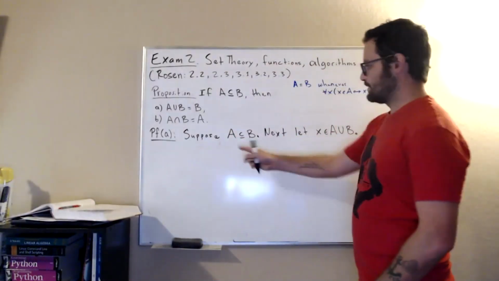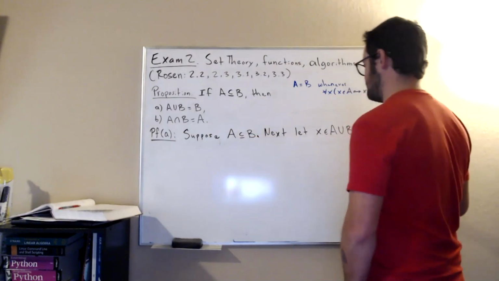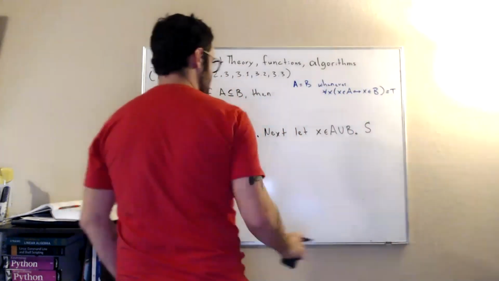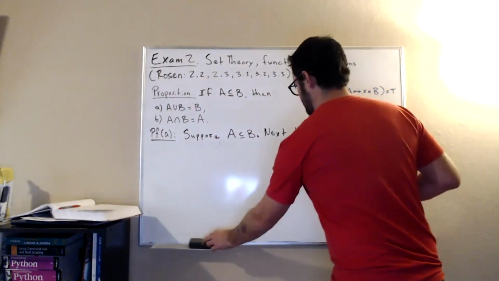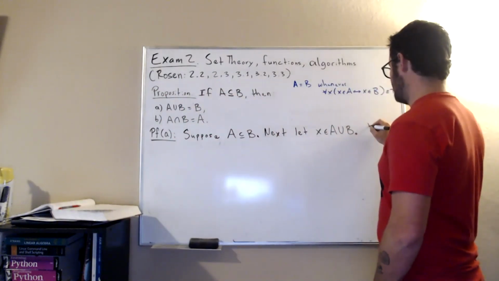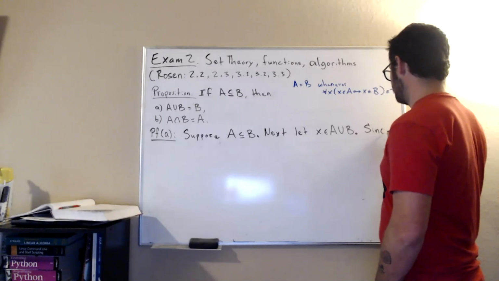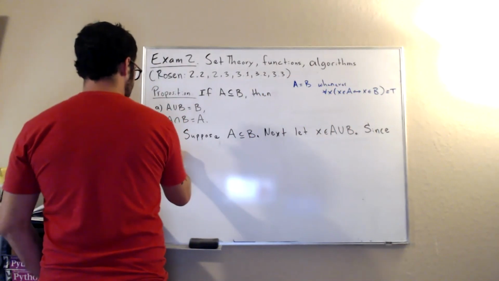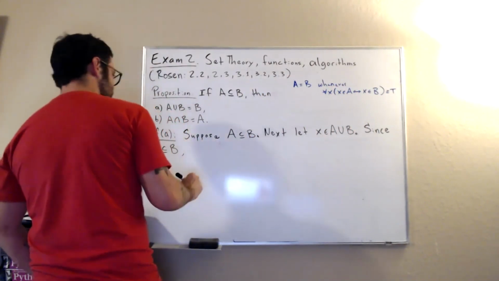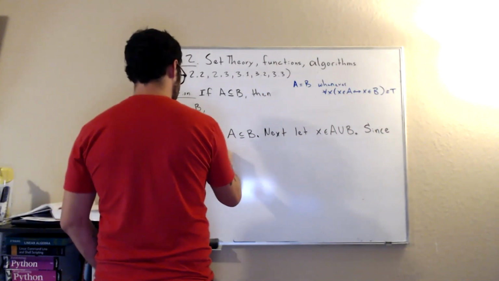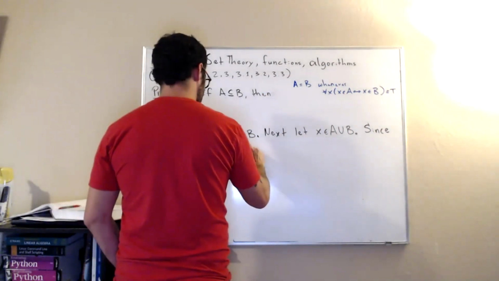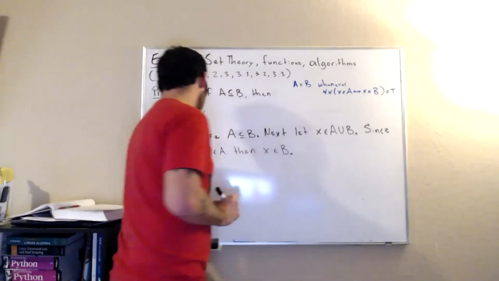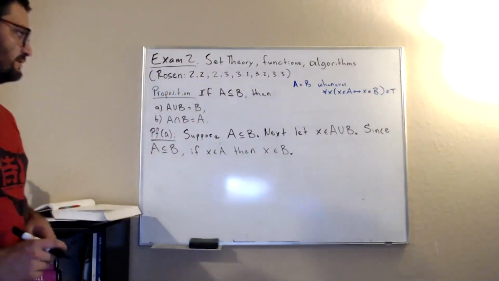So now we're going to use our hypothesis here. A is a subset of B, so we can say, since A is a subset of B, if X is in A, then X must be in B. Okay, that's the definition of being a subset.